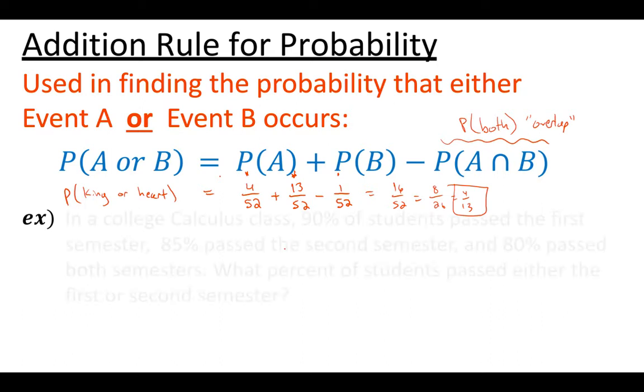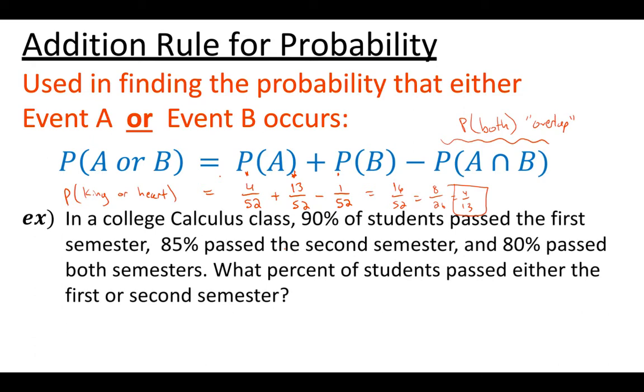So another example. In a college calculus class, 90% of students pass the first semester. So that's going to be referred to as event A. 85% passed the second semester, so that would be event B. And 80% passed both semesters, so that would be the A intersect B. What percent of students passed either the first or the second? Okay.